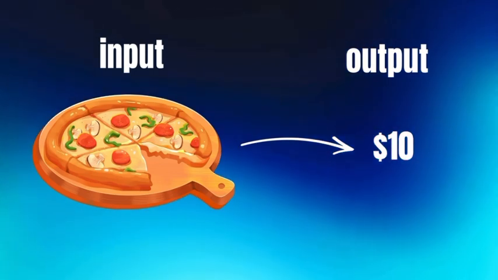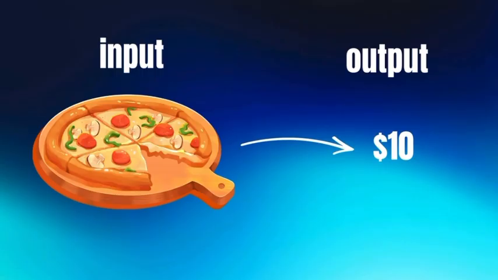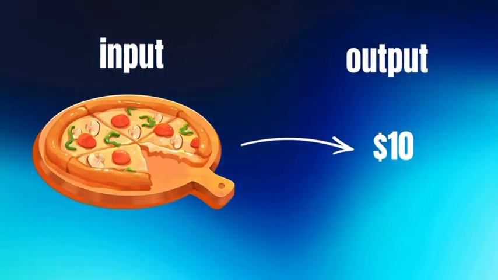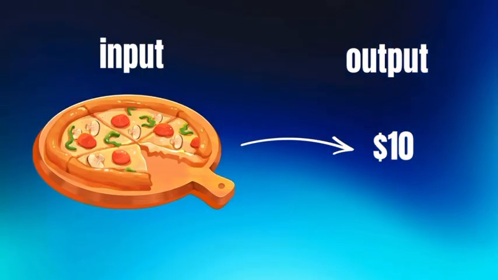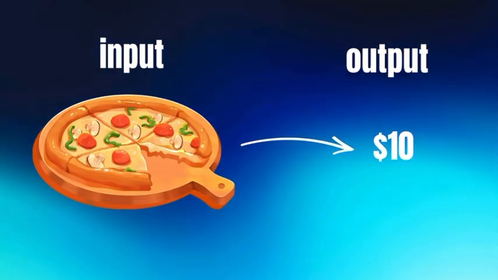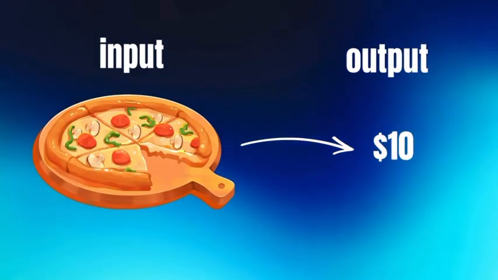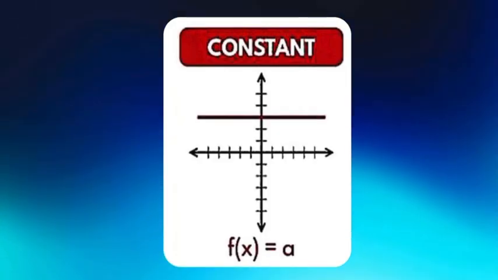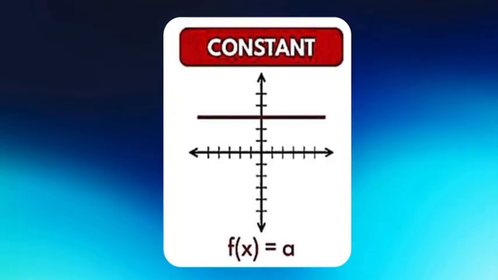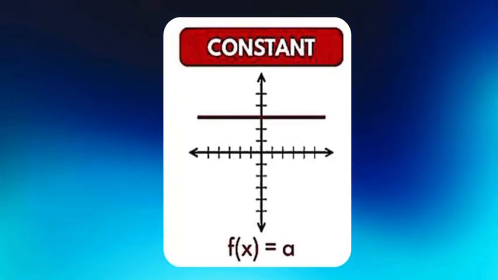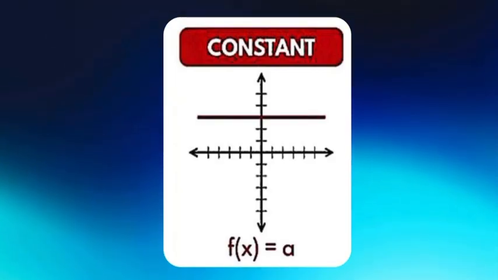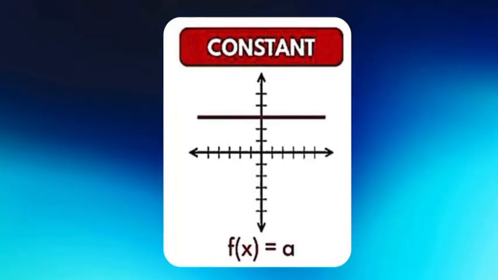The cost, meaning the output, remains exactly $10. The input, how much you eat, does not change the result. On a graph, this looks like a horizontal line. It has zero slope because there is no rise or fall. Whatever x is, y stays constant.